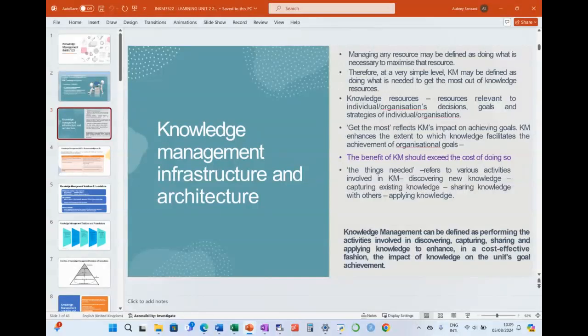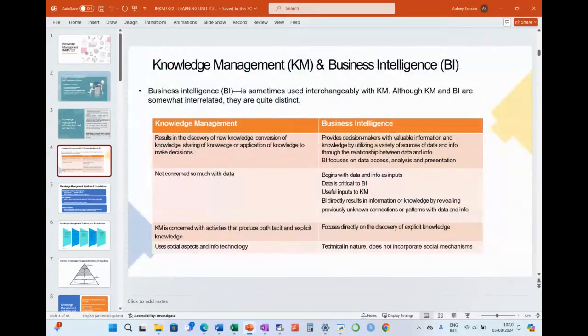Okay? Yeah, the benefit of knowledge management should exceed the cost of doing so. Okay, it's like that with all of our assets. All right, the benefit must exceed the cost thereof. Okay. Yeah, I think nothing there is really brand new.